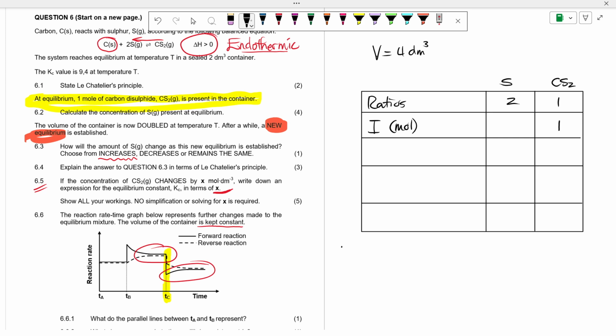We think we need to try to find the initial for sulfur, because we know it's not going to be 0. Why? Because it's a reactant that we had and it's not finished at equilibrium. How do we work out the initial moles of that?